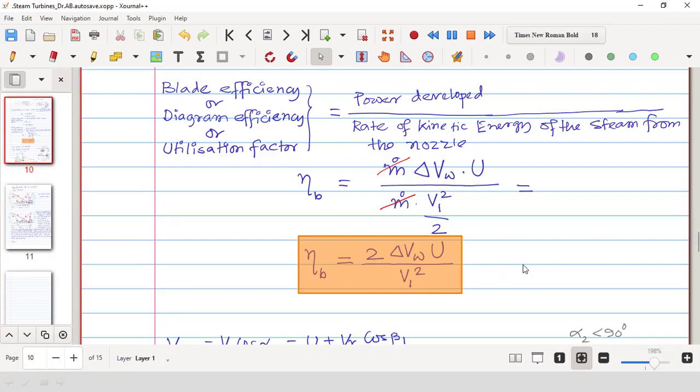So that is equal to blade efficiency eta B is equal to 2 into delta VW into U by V1 square, where delta VW is the change of tangential velocity of the steam. U is the blade velocity and V1 is the incoming velocity of the steam.